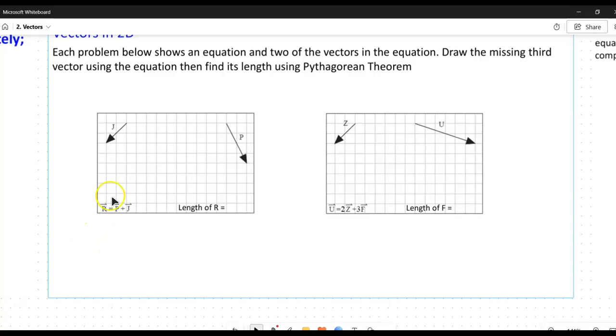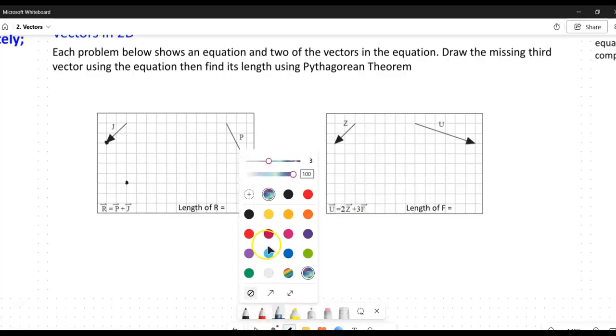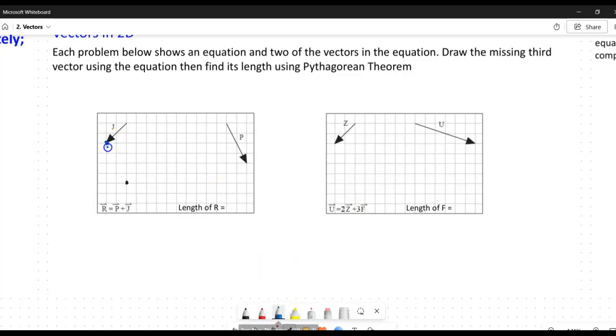All right. So here we go. To find r, we just have to add p plus j. So we know p goes down 1, 2, 3, 4, and it goes over 2. So p starts right here, and it adds 1, 2, 3, 4, and then over 2. So p, which I'm going to use as blue, goes from here to here.